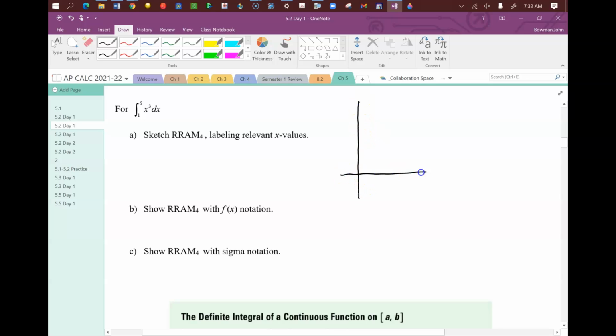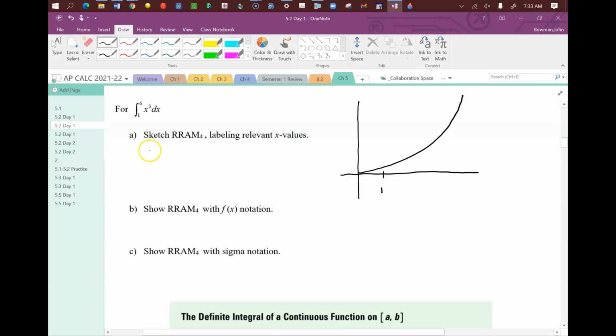So here we have the function x cubed. I'm going to draw it from 0 to 3, and we are going to start out at 1. And it says use RAM4. So what we need to do is establish the width of each of the rectangles.